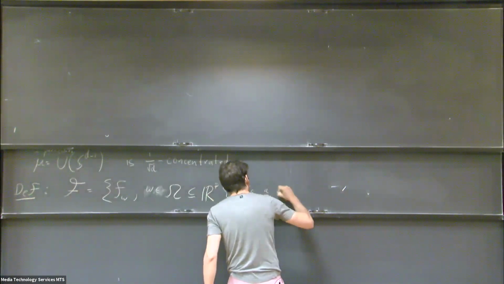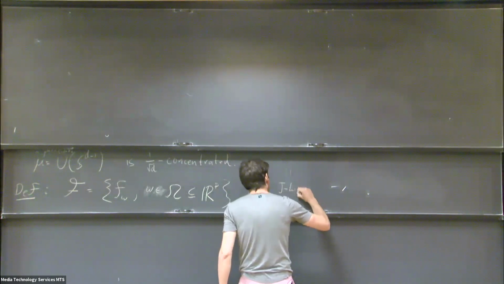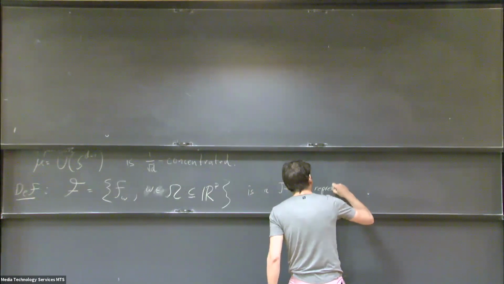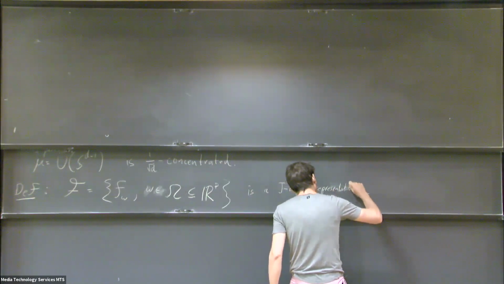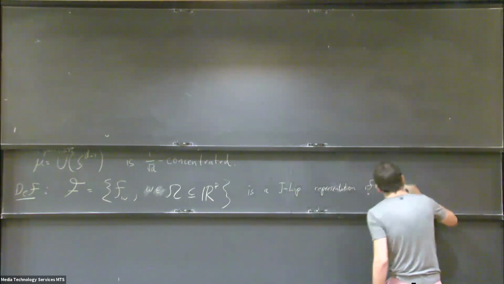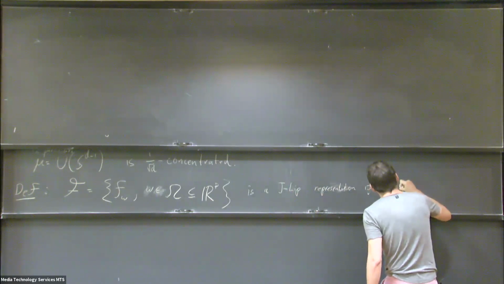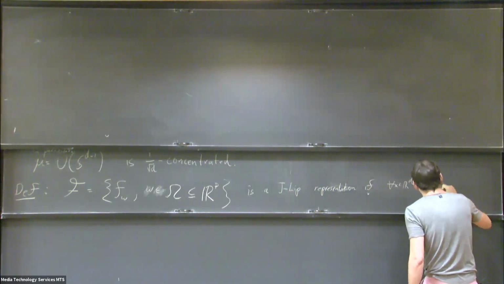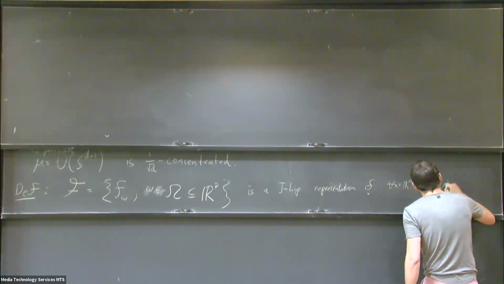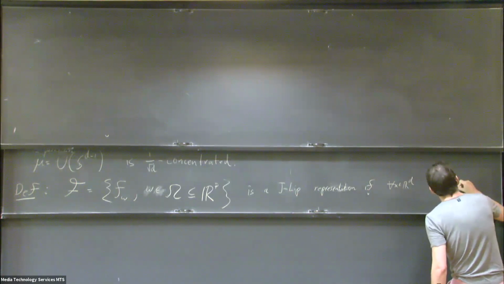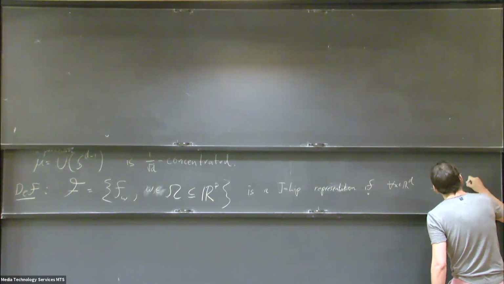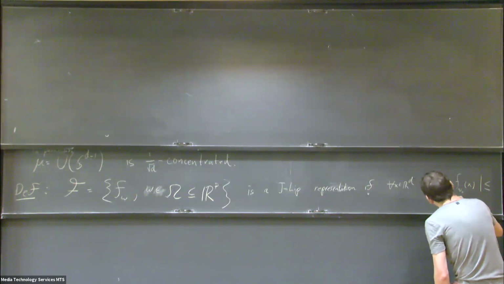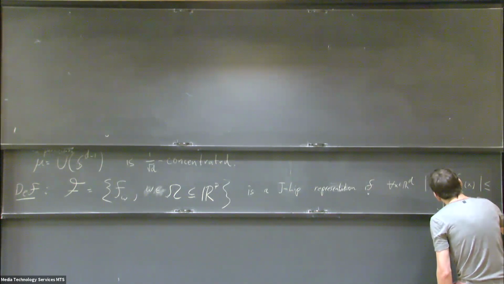It is a J-Lipschitz representation if for every x in R^d, I have that |f_w1(x) minus f_w2(x)| is at most J times |w1 minus w2|.